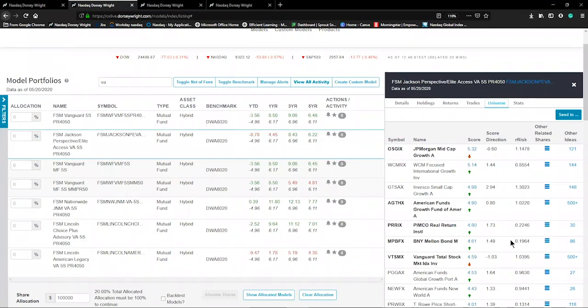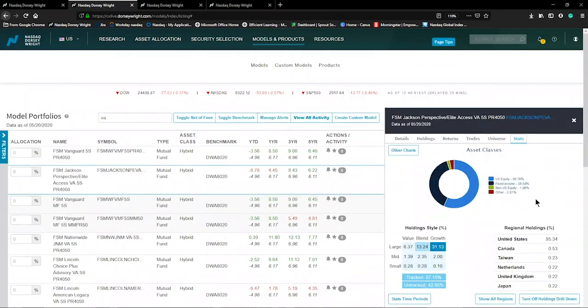We try to make sure that when we do our due diligence in including those sub-account proxies, that we're making sure that the inventory is balanced, meaning equity leaning, but also giving you the ability to go into fixed income or play defensively should you need it. Right now, we can see with regard to the Jackson model that we are showing a little bit more of a moderate risk profile with give or take a 60-40 allocation.